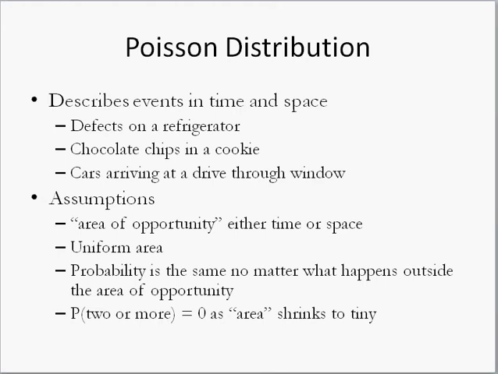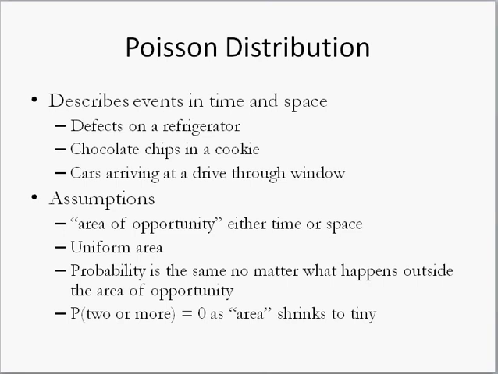For example, we can model chocolate chips falling on a cookie as a Poisson distribution. So if you were Chips Ahoy and you were trying to do statistical process control on your chocolate chip deployment, you would use a Poisson distribution.